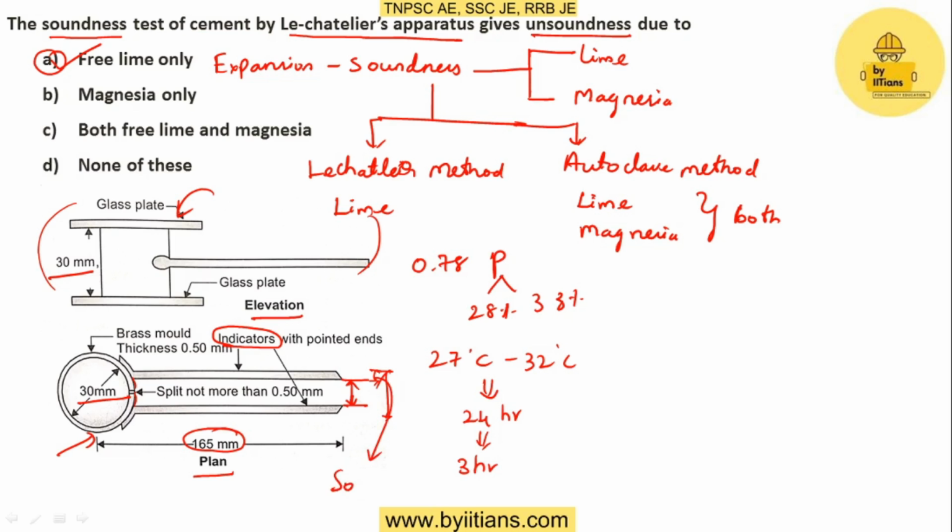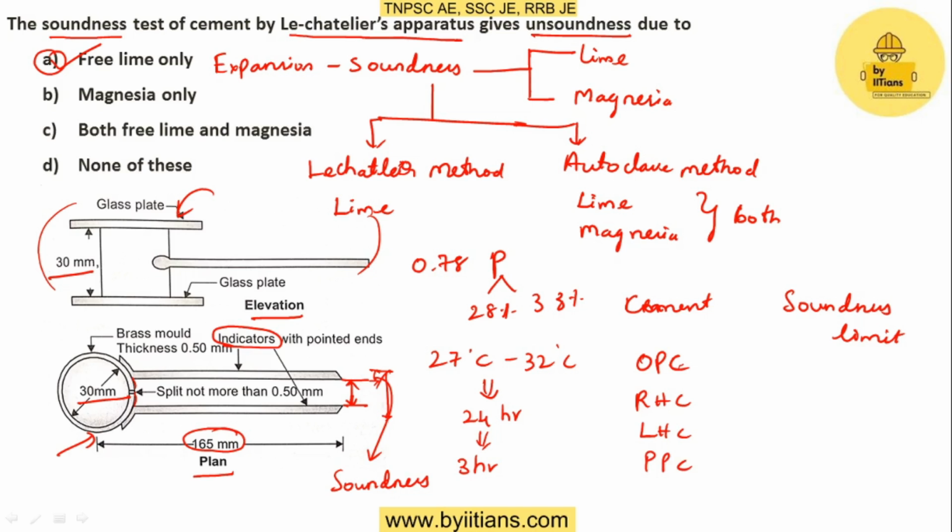Okay, soundness means expansion. So we have certain values for different types of cement that I will discuss here. The cement types are OPC, ordinary Portland cement, then RHC, LHC, and PPC.